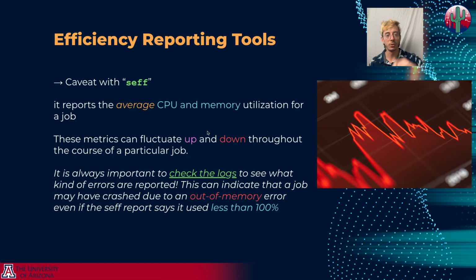You know what goes on in your job. You know maybe at this point there is going to be a spike in CPU usage. So it is possible that your job had an out-of-memory error even though the SEFF report says that it was less than 100%. And this is why using information from numerous different sources will help get you the best possible picture of what actually happened throughout your job.